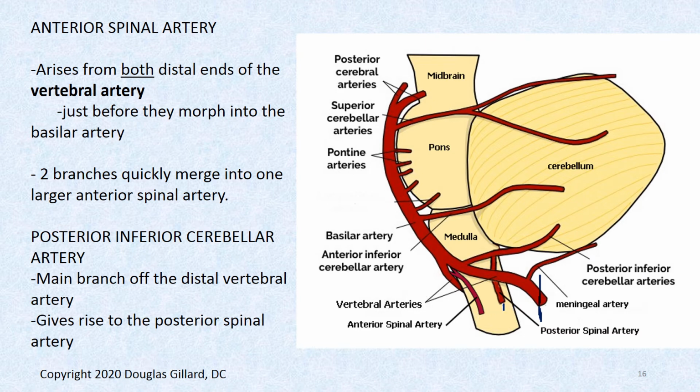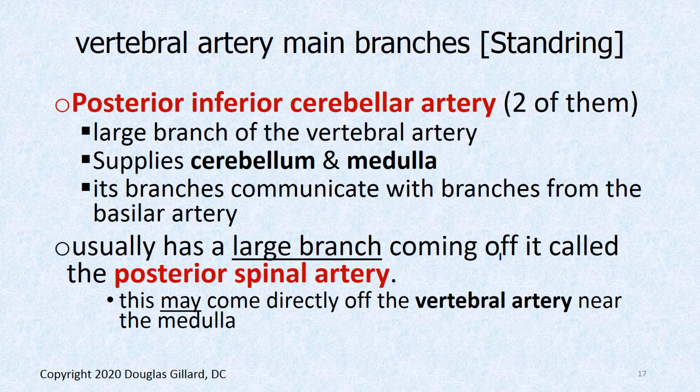Right, posterior spinal artery arises from the posterior inferior cerebellar artery. All right, so everything I just said, posterior inferior cerebellar supplies the, well, cerebellum and the medulla, and has that posterior spinal artery, as I said, coming off it.